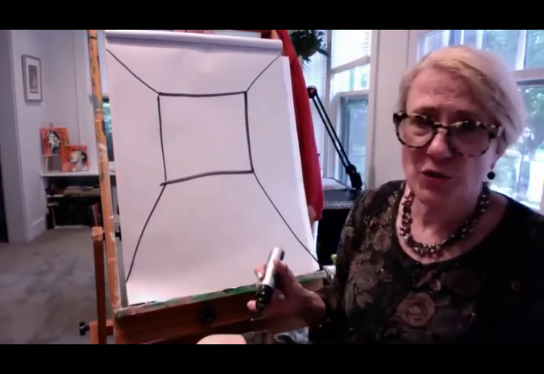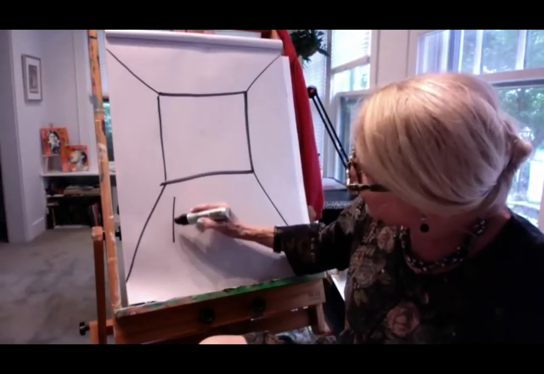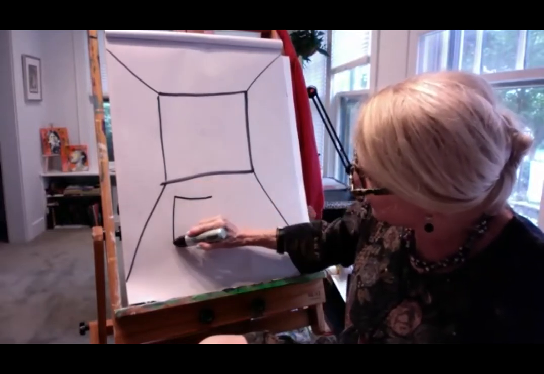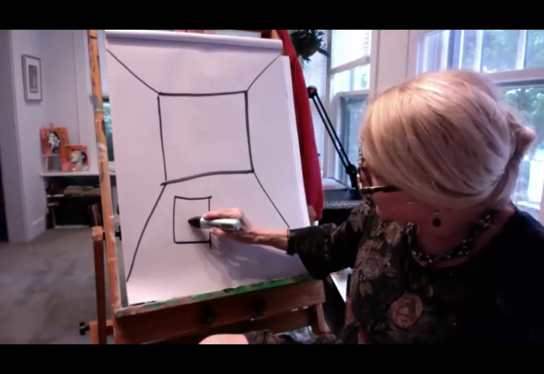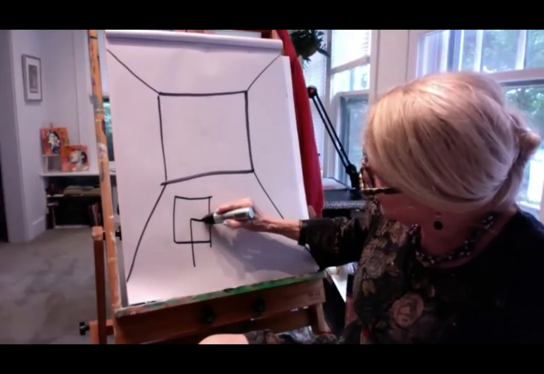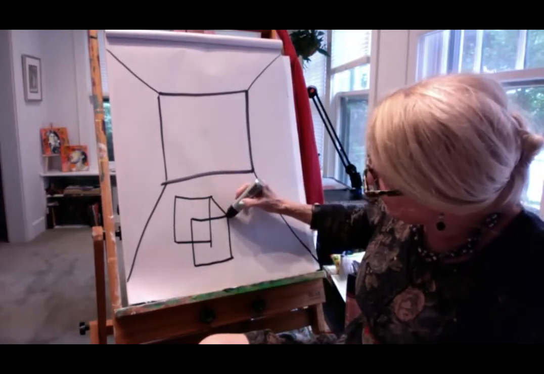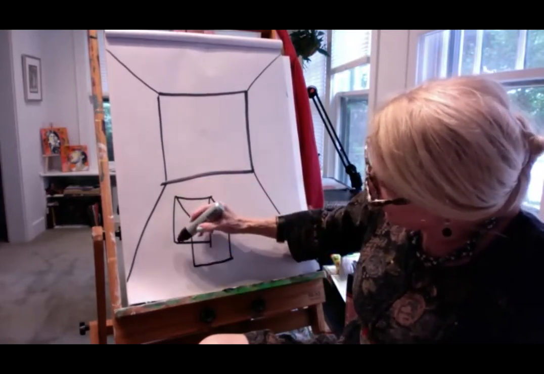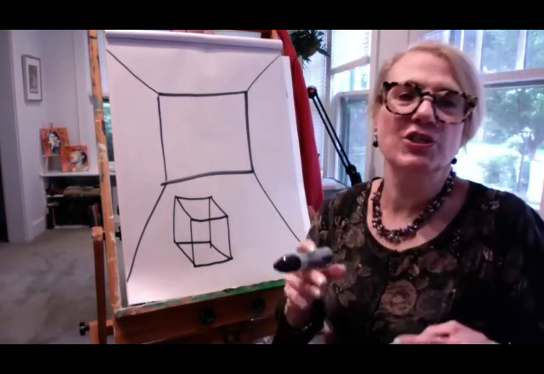The first time he showed me how to draw a box in perspective and I couldn't stop drawing them. You take one square and then in the middle of that square, you start drawing another square. And then I would just attach the corners with straight lines. I thought it was genius.